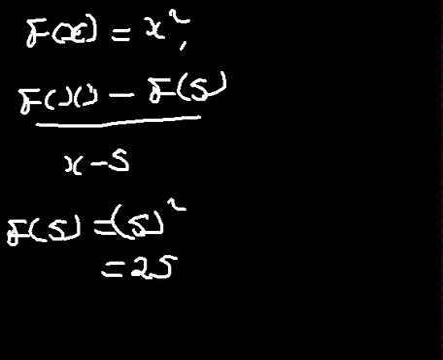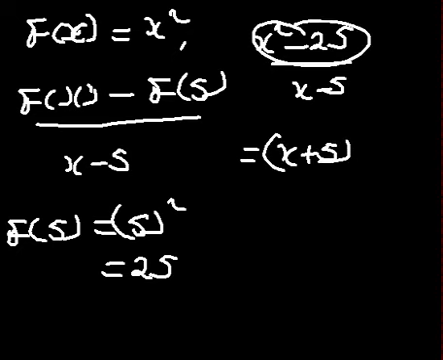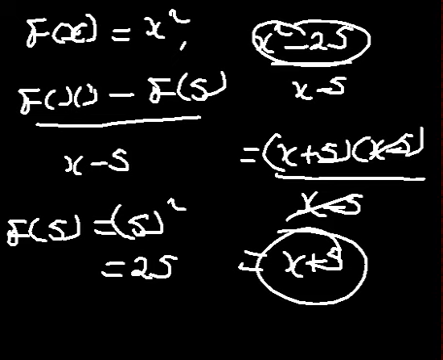So we have x squared minus 25 divided by x minus 5. Since we have a difference of two squares here, we have x minus 5 times x plus 5 divided by x minus 5. Then that will be x plus 5. So that is the value.